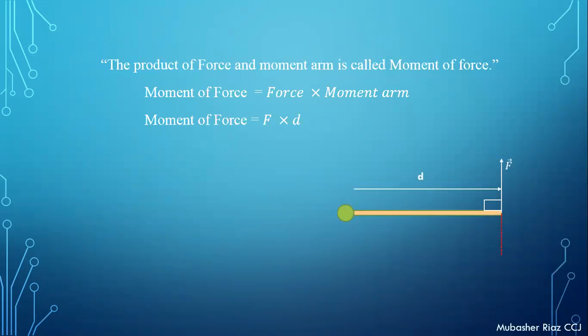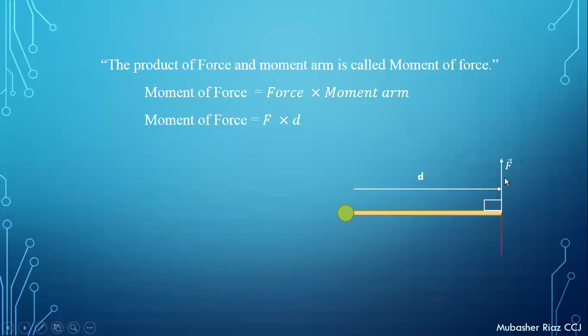For example, there is a rod and this rod is fixed from its one end, and this end acts as a pivot point or axis of rotation, and a force F is applied at this point. Here the red dotted line is the line of action of force.